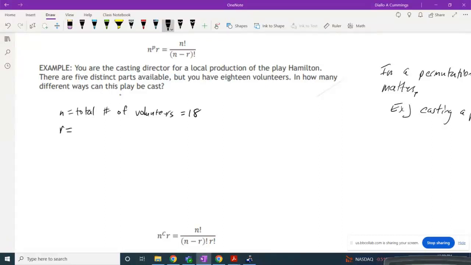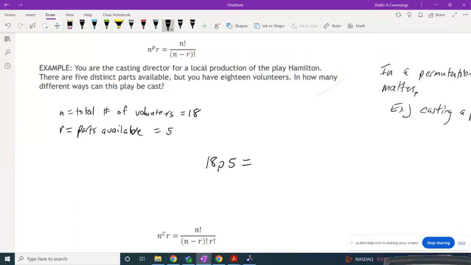R is going to be the parts available, which is 5. N is always the total, and R is always how many you're choosing from that total. If I write this out in permutation notation, it's going to be 18 permute 5.